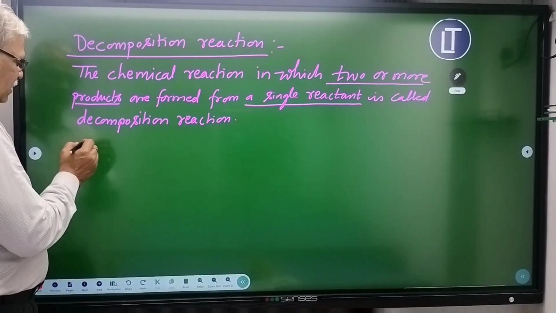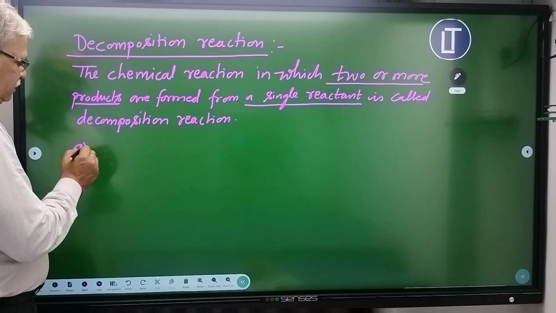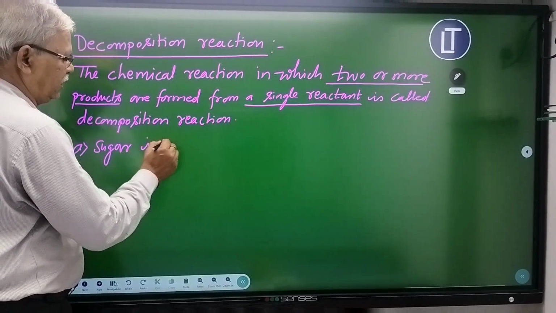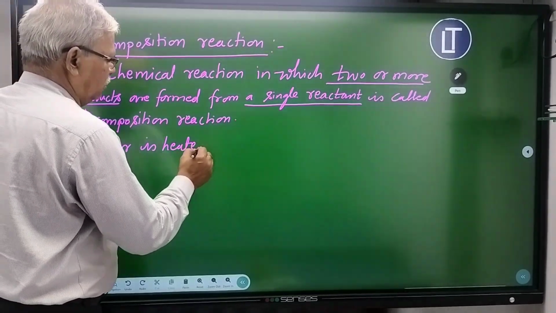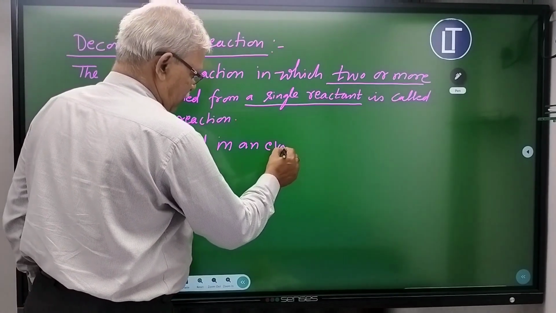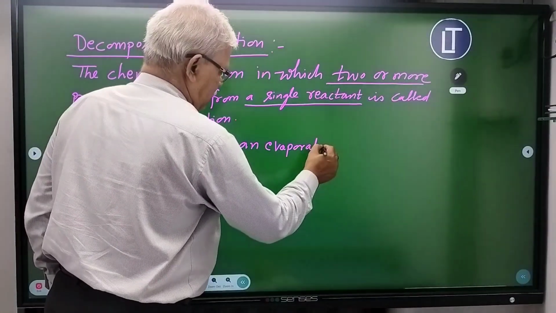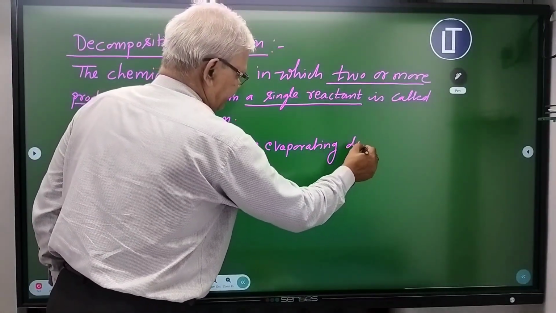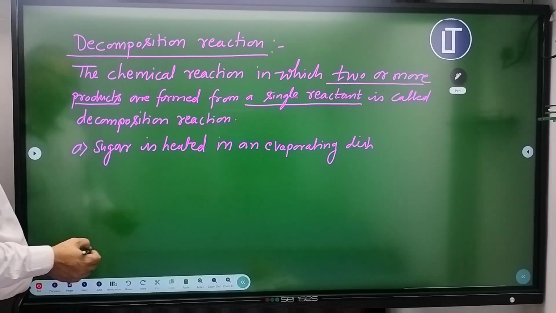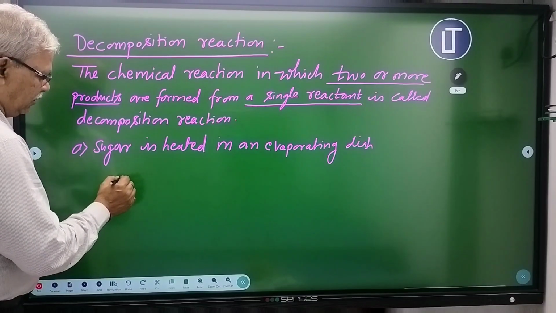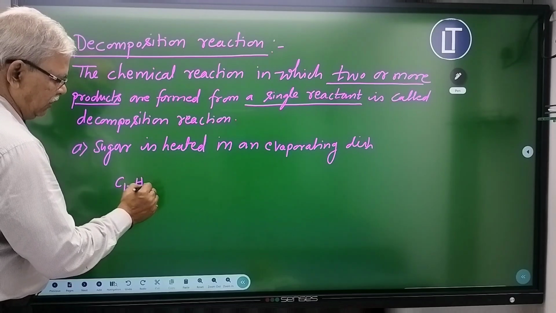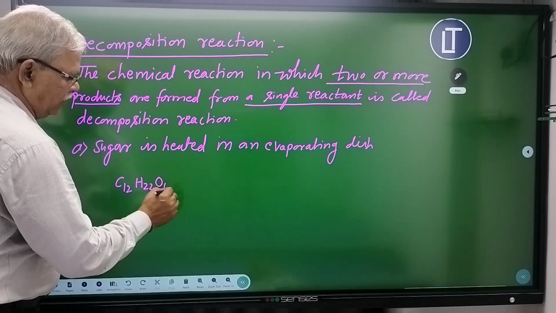Here, for example, first sugar is heated in an evaporating dish. Now see, the molecular formula for sugar is C12H22O11.